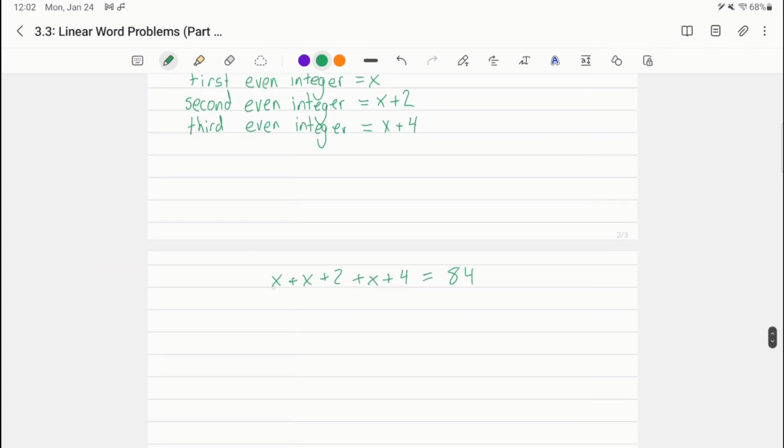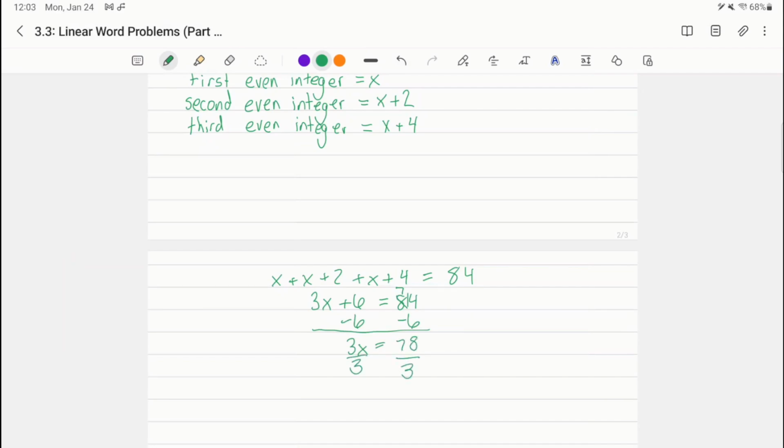Combine like terms, well, we have x, x, and x, so that's 3x. We have 2 and 4, which is 6, equals 84. Subtract 6 from both sides. Get 3x equals, I need to borrow, 14 minus 6 is 8, so 78.